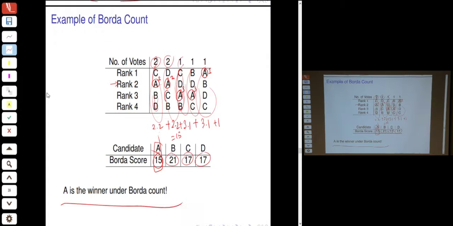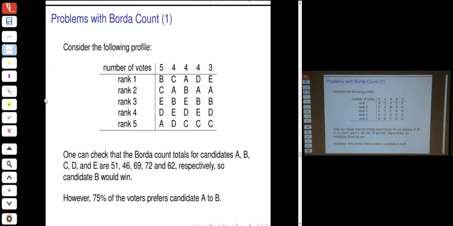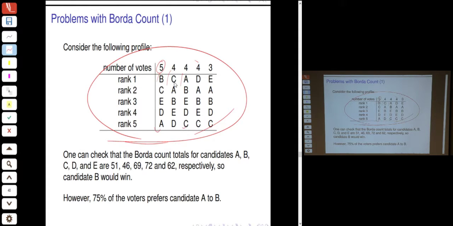Okay. So what are the problems with the Borda count? You can look at this voting profile for an election involving 5 candidates, and these are the votes corresponding to these various preferential lists of the candidates.